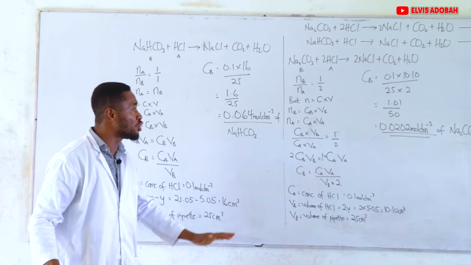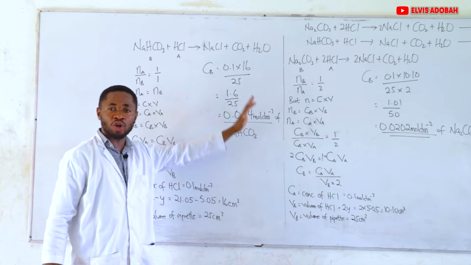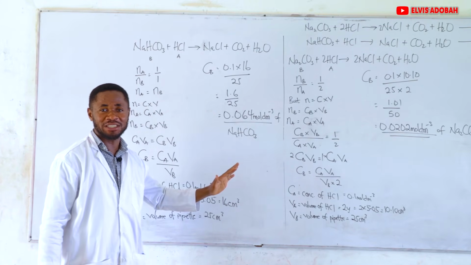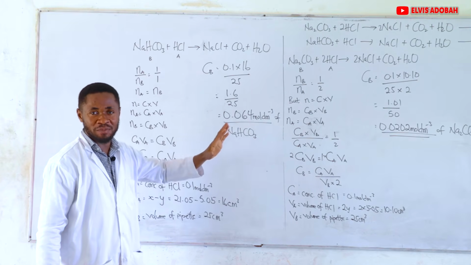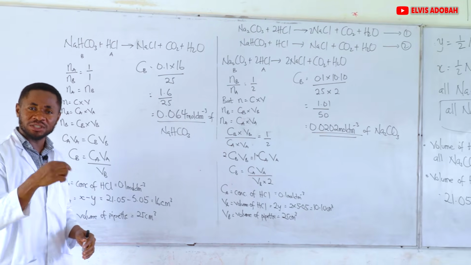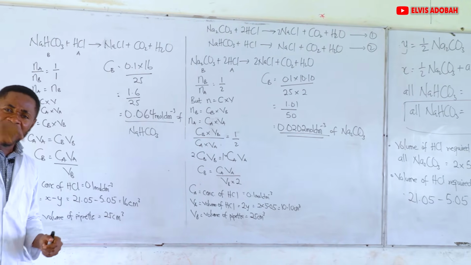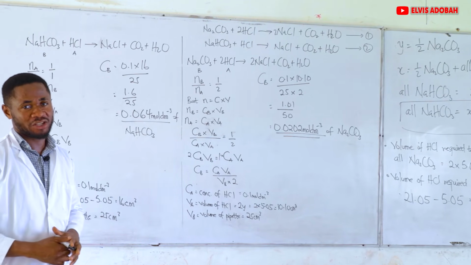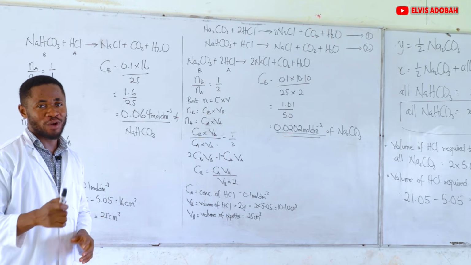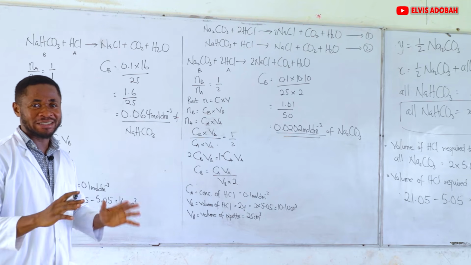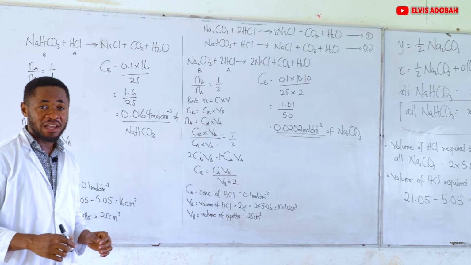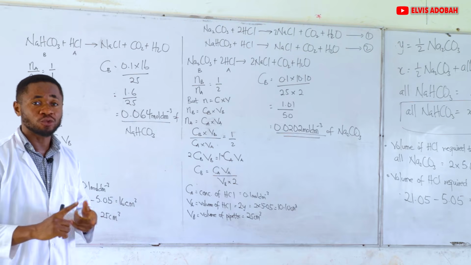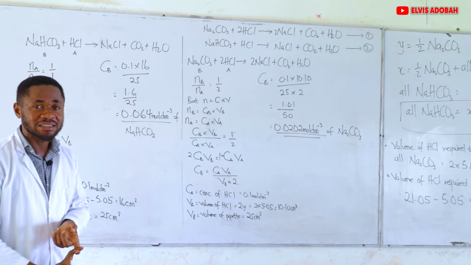So this is how we use our double indicator titration, the continuous method, to calculate the concentrations of each of the samples that are present in the mixture. Don't forget, it's not like the normal titration, because here we have a mixture of two different substances.